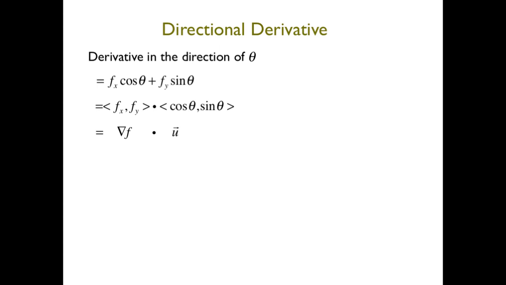We started talking in terms of theta, and if you have theta, you can find u this way: cosine theta, sine theta. But if you just have the direction based on a vector, you don't need to know what theta is. You just need the unit vector in the direction you want. You're not going to be given a theta every time. It'll say, in this direction, 3, 5.